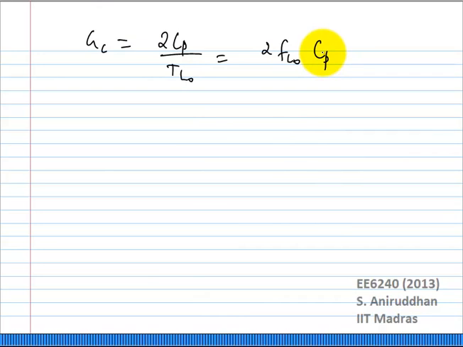Okay, so if your LO frequency gets larger and larger, the effect of this capacitance will also become more and more prominent. Okay, and now of course you can add this to the overall output noise and optimize it further if this Cp is important at your operating frequency.